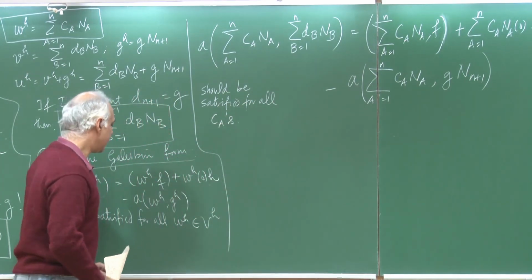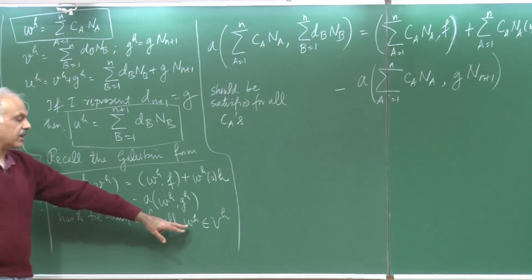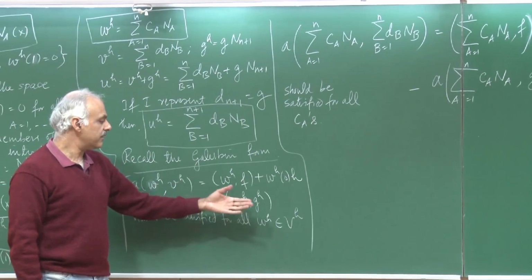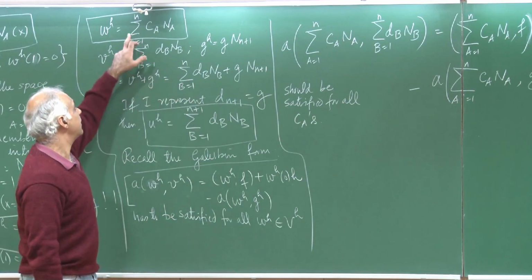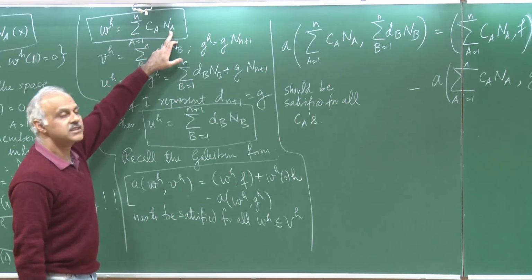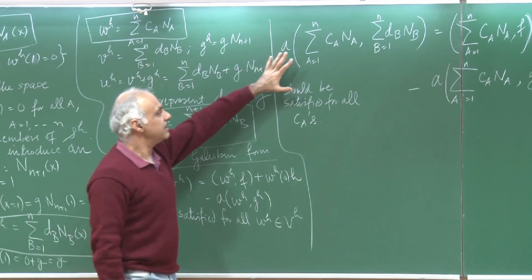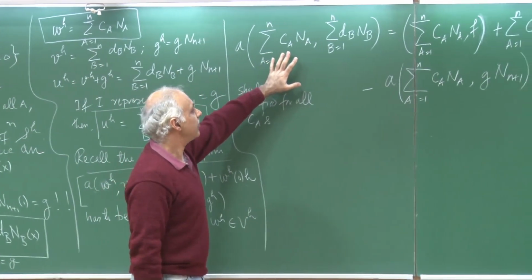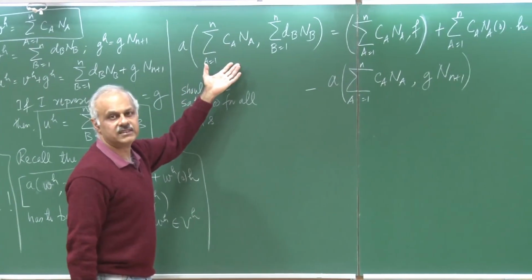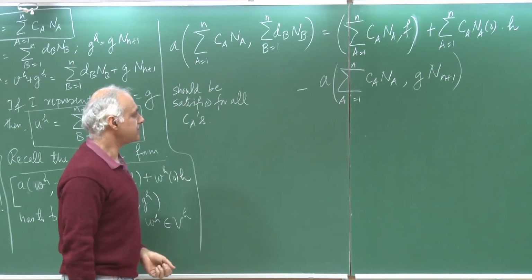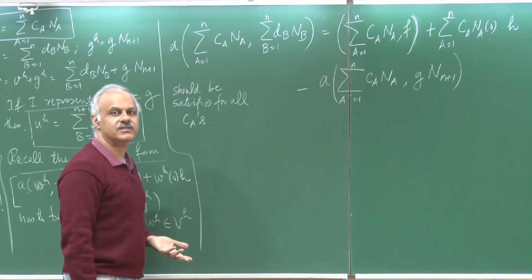because the Galerkin statement was to be satisfied for all WH, and the only way the WH can be arbitrary, as we argued, is your basis functions are given to you, so CAs are arbitrary. So therefore, this statement should be satisfied for all values of CAs. Okay? And of course, those are infinite values.